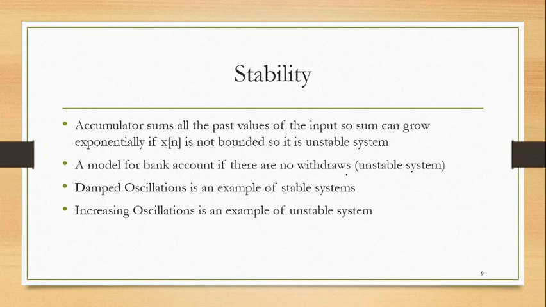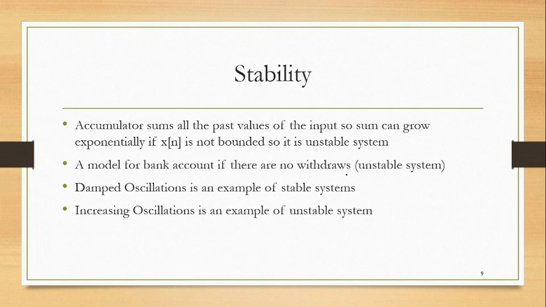Another example is a model for a bank account. If there is no withdrawal from that bank account, and we have deposited a certain amount of money, and then we have compound interest on that money, because of the compounding effect, the balance will grow and it will not stop at a certain value. It will not stop after 10 lakhs, or it will not stop after 20 lakhs.